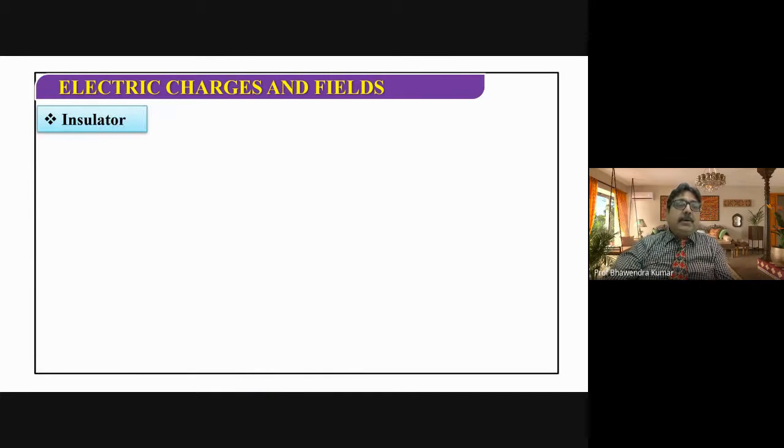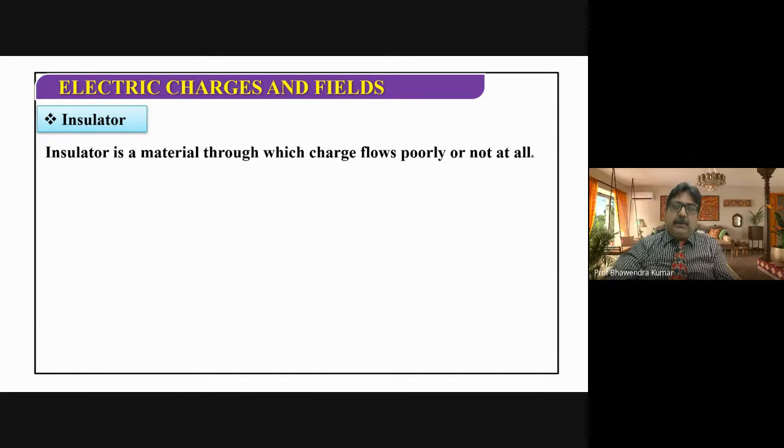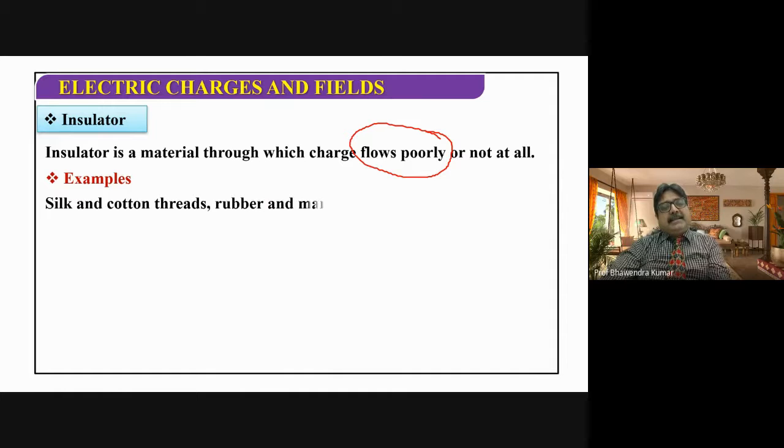When we talk about insulators, they do not have free electrons. So, because they do not have free electrons, the electricity will not flow, or will flow very poorly, through it. When we talk about the examples, silk, cotton threads, rubbers, and many plastics are good insulators.